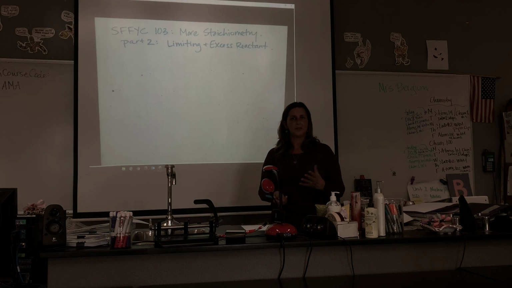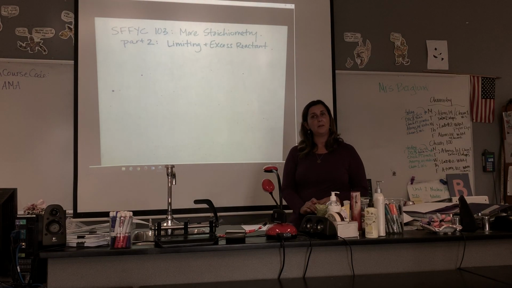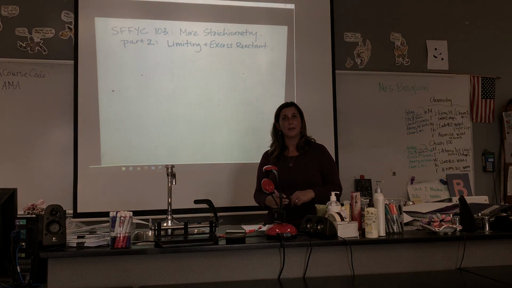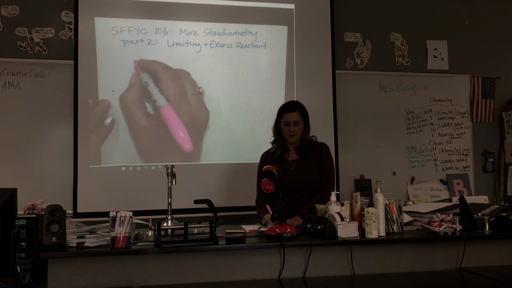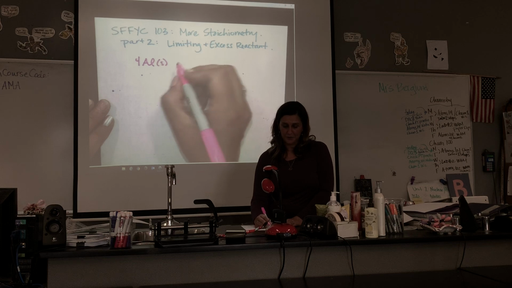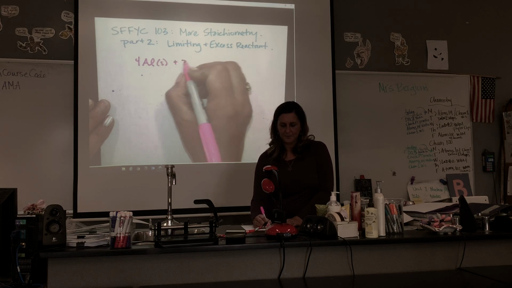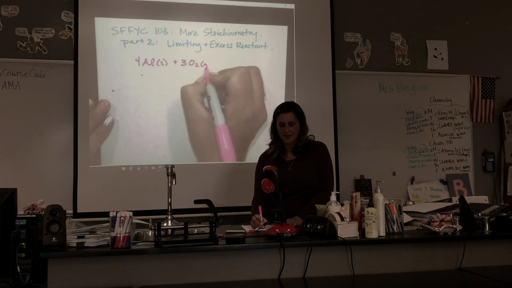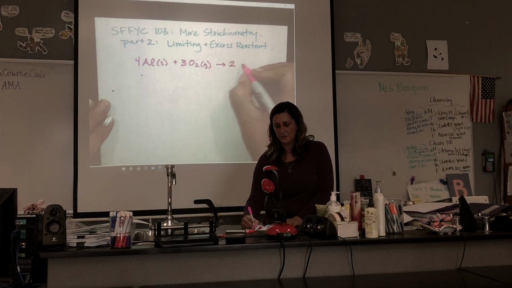I'm just going to walk you through a really simple example. Again, we're going to go back to our balanced chemical equation of the combustion of aluminum. So we're going to go back to 4 Al solid plus 3 O2 gas makes 2 Al2O3 solid.